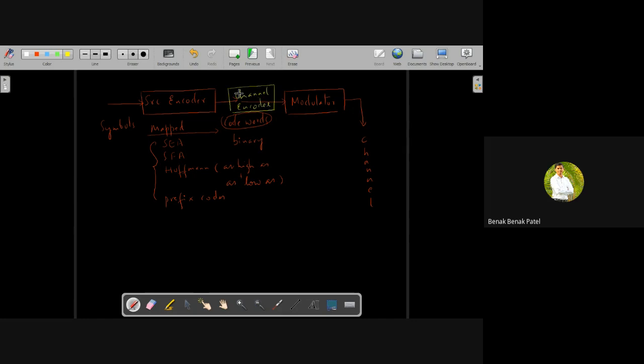This channel encoder sits between the source encoder and the modulator, and it works on these code words in such a way that it makes them suitable to go through this channel. It works in a manner such that even if there is any error happening, we will be able to detect as well as correct those errors back at our receiver end.